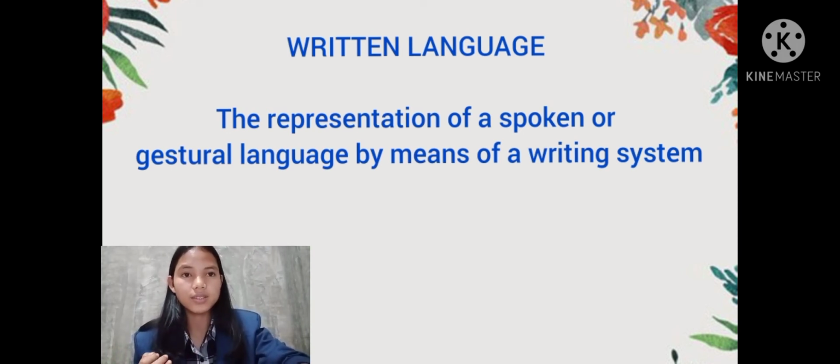The language itself is either spoken or signed, so written language developed as a way of representing what has been said. Examples of written language are certificate, document, letter, driver license, or another.